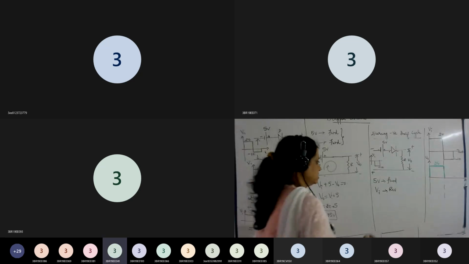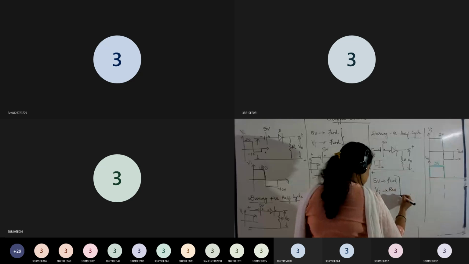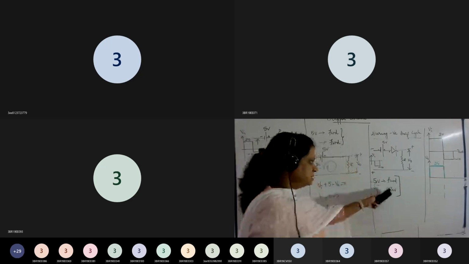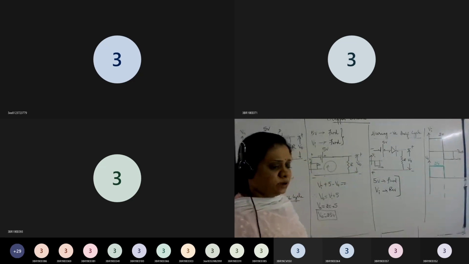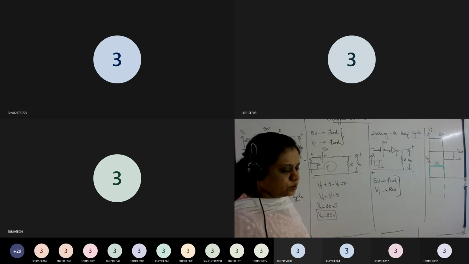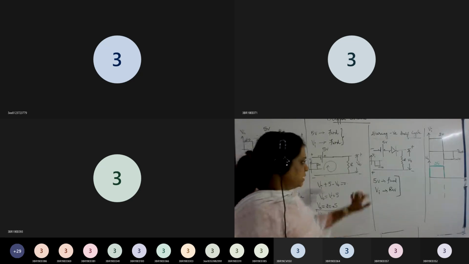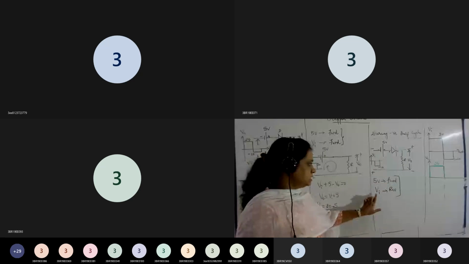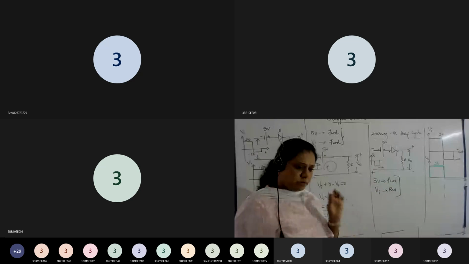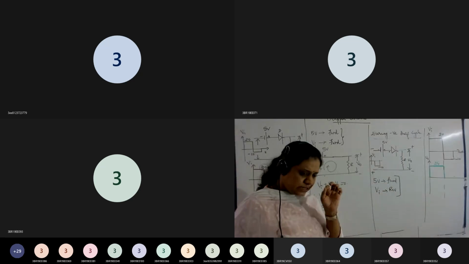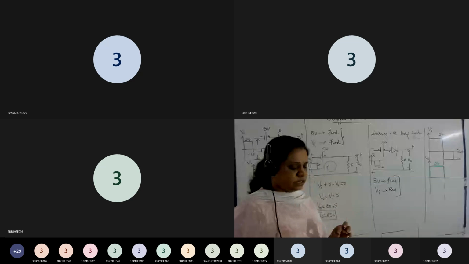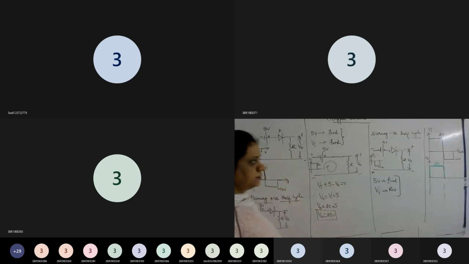Or in other words, do you get any opposition in the negative half cycle? I have written it this way anyway, but please think. One is making the diode forward bias, one is making the diode reverse bias. But is it necessary to take opposition in the negative half cycle?